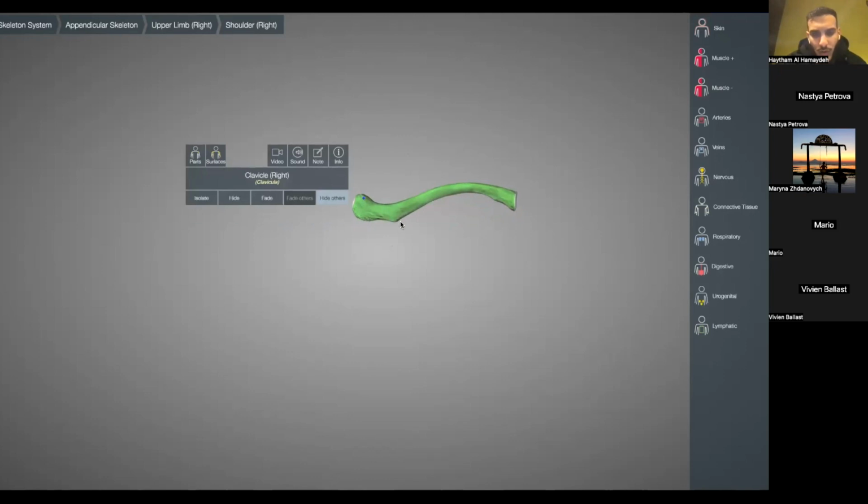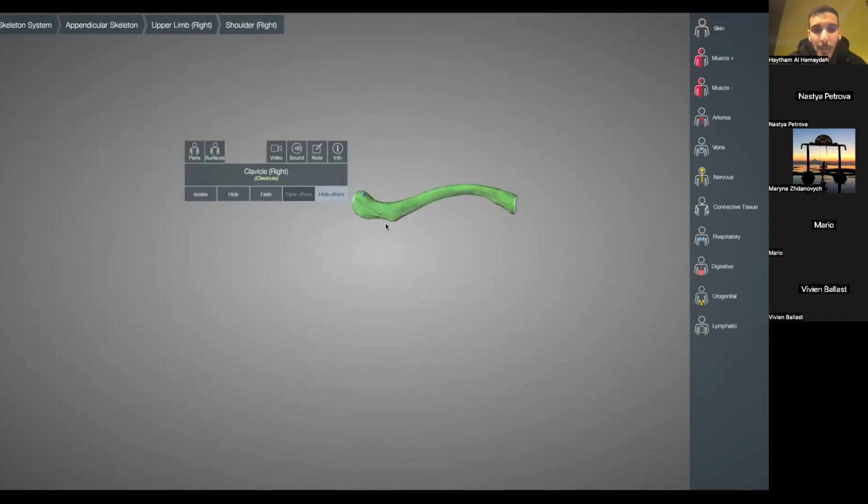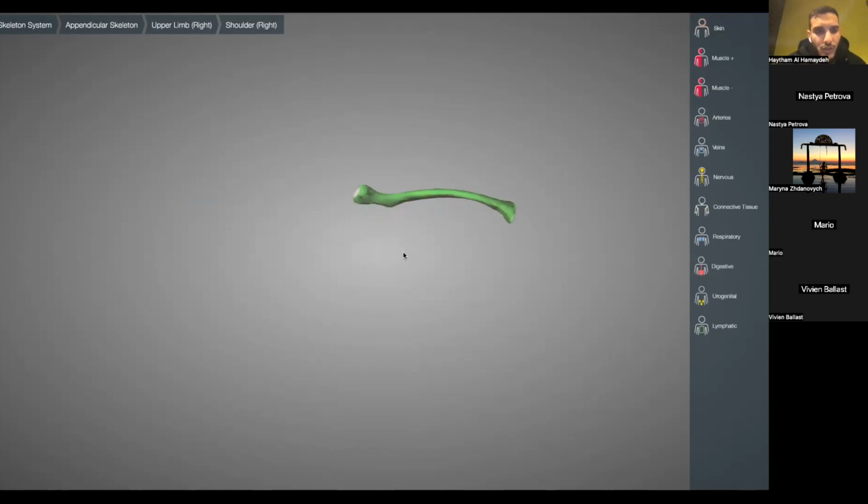Conoid tubercle for the attachment of the conoid ligament, which is the second part of, humerocoracoid, probably something like that. Don't remember. But this is an attachment of a ligament. Wait, let's just check it.